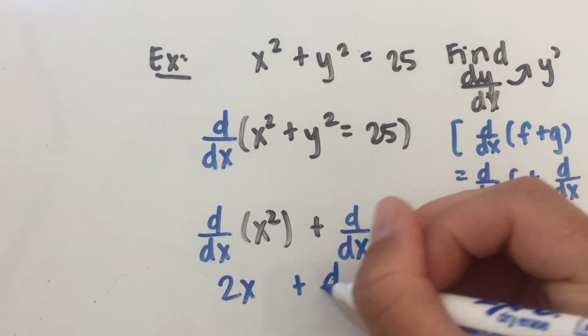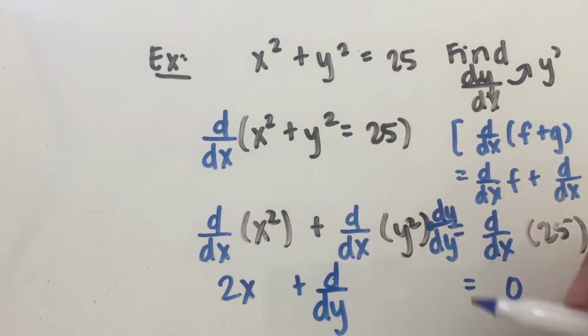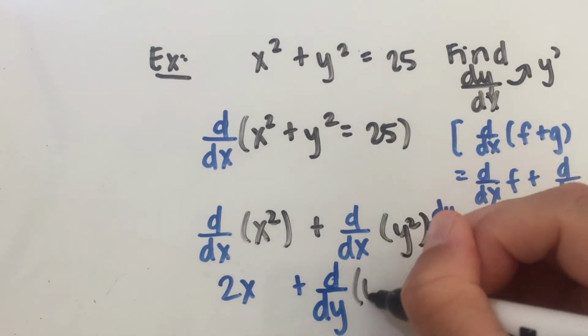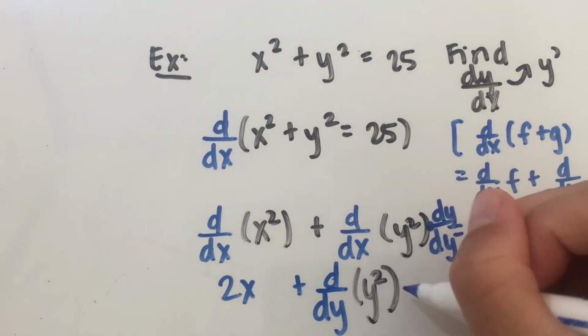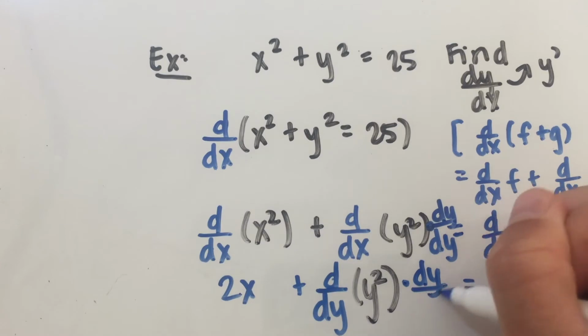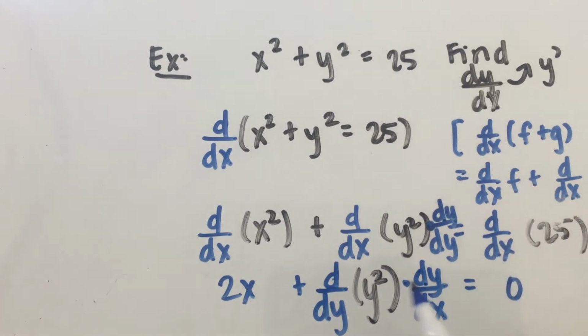And then we will have d over dy of y squared times dy over dx. We were able to do this because since all of these terms are being multiplied, it doesn't matter what order we switch around the terms, it'll still have the same meaning.